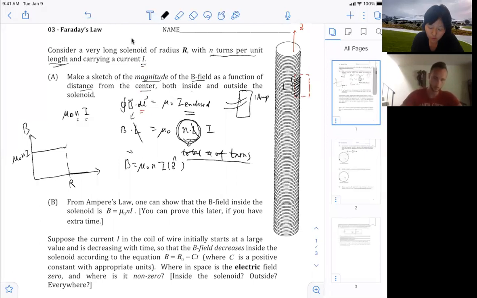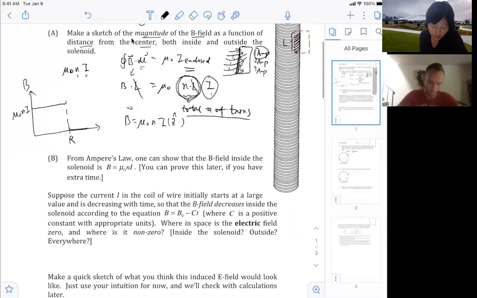If I have 2 of them running through, I'll say 2 amps. If I have 3 of them, it's 3 amps. So each of them is I, each of them is 1 amp. There are 3 turns, so I need to count how many turns there are in the length. Got it. Thank you. Sure. Okay, let's look at the next question.